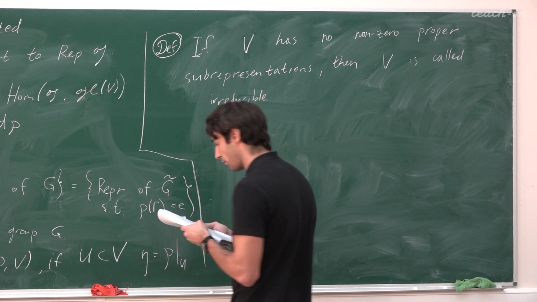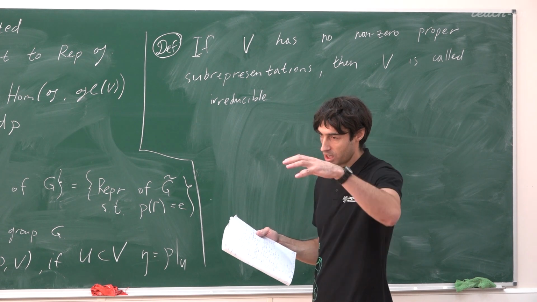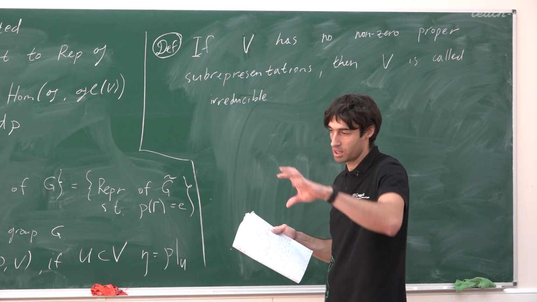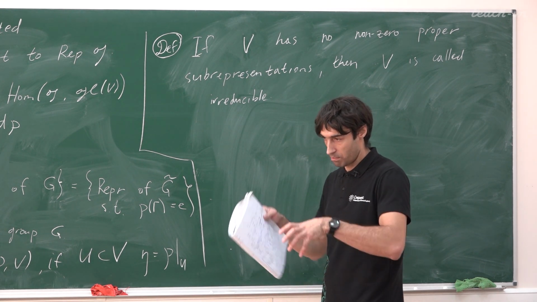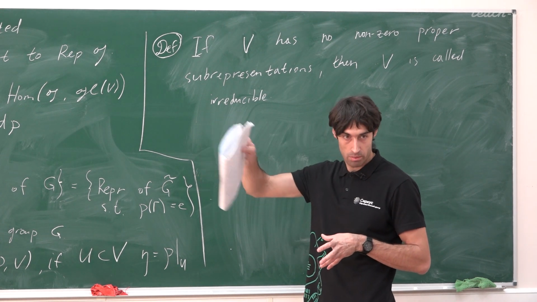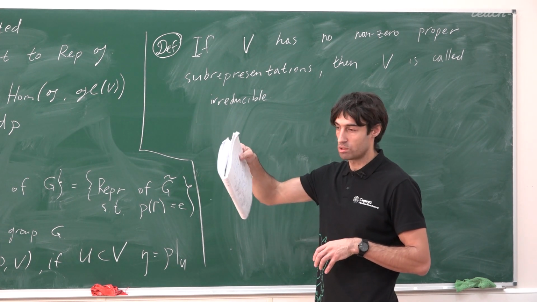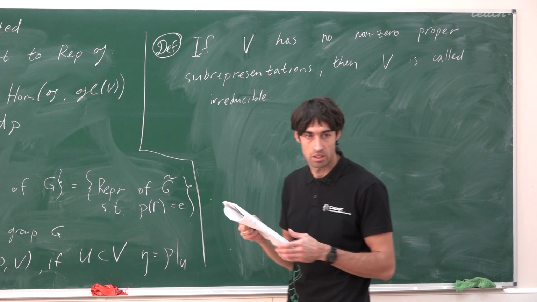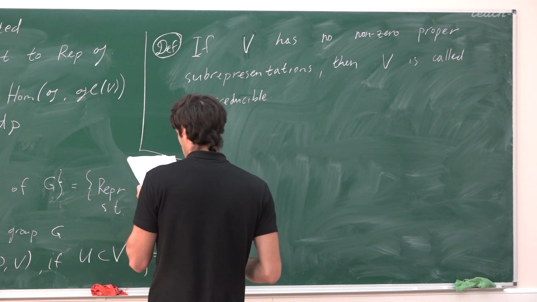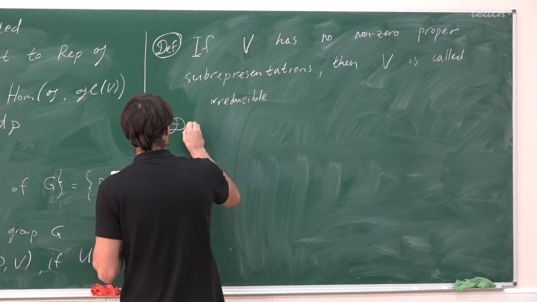If it happens for every invariant subspace, you can find a complement, which is also a representation. This is called complete reducibility. Okay, so again, another definition.